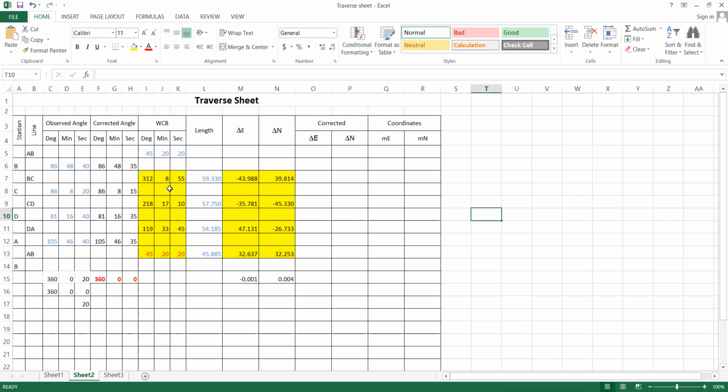Does everybody have these values, or is there anybody having different values? Please ask, and if you have calculated, please check them. If not, please note them, and then you can try on your own.